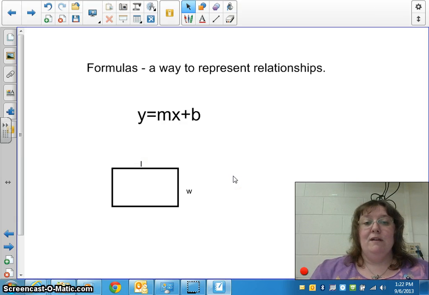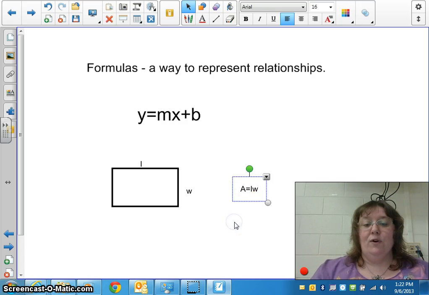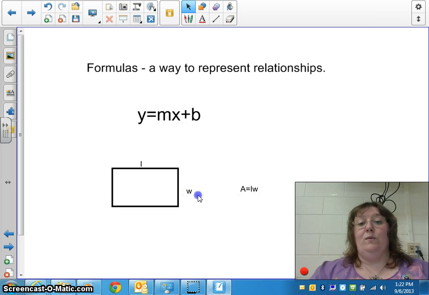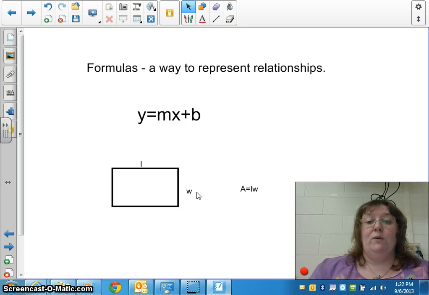So the formula for the area of a rectangle would be the length times the width, all right? So that is a formula. So if I give you that the width is 7 and the length is 10, to find the area, you would plug those in and find that the area is 70, okay?